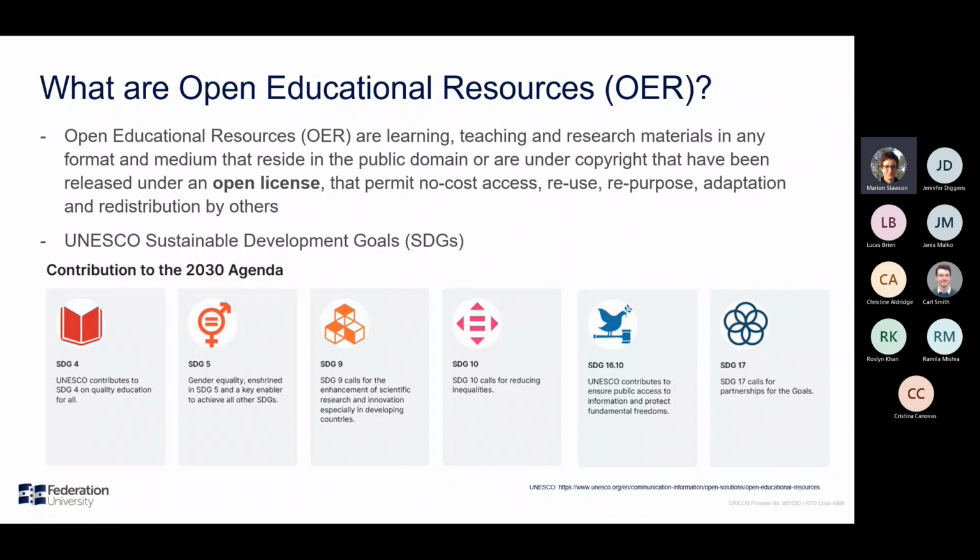Okay, OERs, or open educational resources, are learning, teaching and research materials in any format and medium that reside in the public domain. And I'm hoping that you all know what public domain is. It basically means that there is no licensing associated with those materials, or they're under copyright. Whether or not they're in the public domain or under copyright is very much dependent on the copyright law that exists in the country in which the material was created.